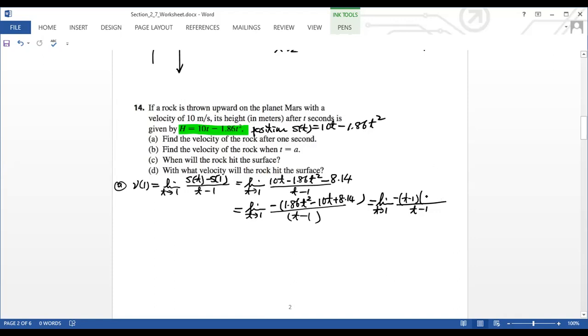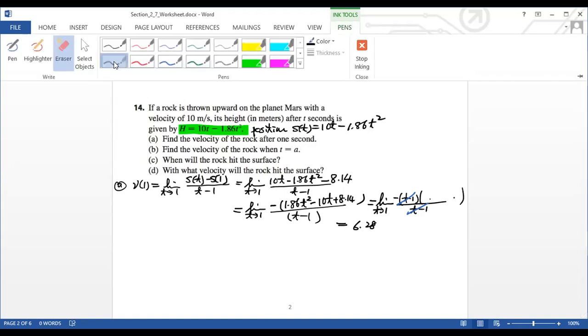Okay, so you will have 8.14t minus 1.86. So when t equal to 1, and then this one you can cancel, and then what you will have here, so this one you will get a 6.28, right? So this is a 6.28. Okay, so I think this one's here, I'm sorry, this is 1.8.